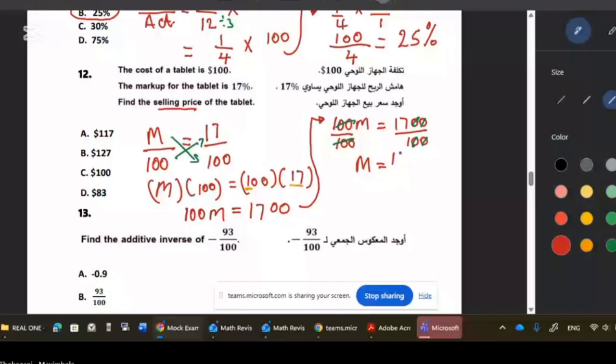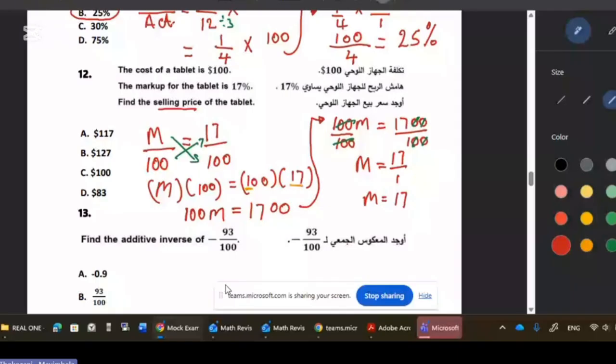So what is 17 divided by 1? 17. Very good. Now remember, it's a markup, so it means that it's going up. So the tablet is not going to be $100 now.